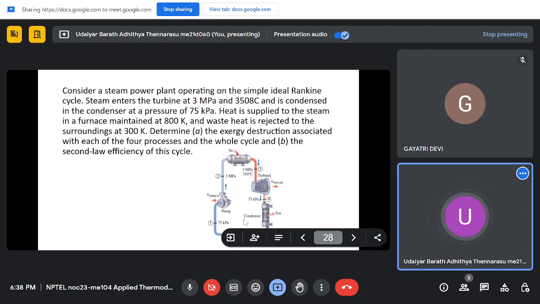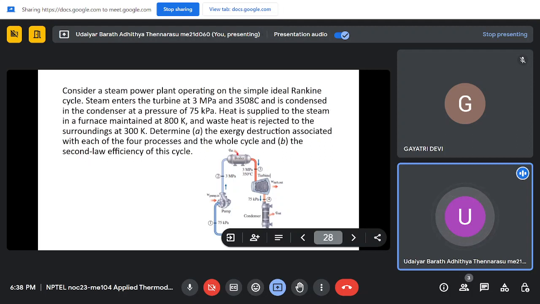The 4 processes are constant pressure heat addition, constant pressure heat rejection, and isentropic compression and expansion. We need to find the exergy destroyed in each of those 4 and in the whole cycle. We are also asked to find the second law efficiency of the cycle.